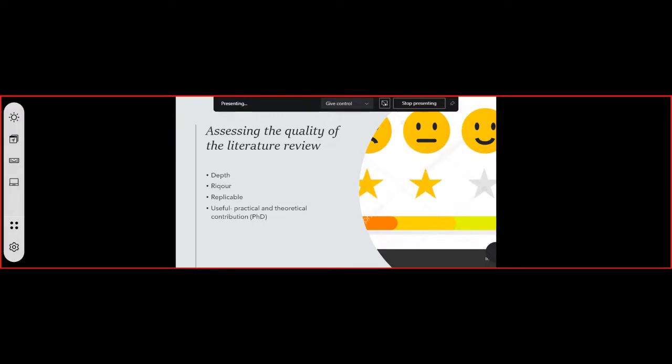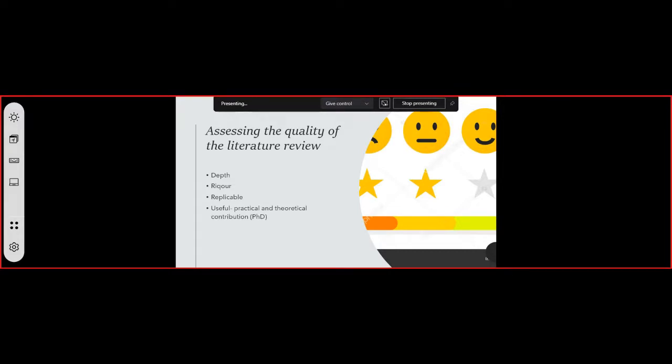Maybe I want to replicate it with a different set, or in a different field, for instance, and make references. Or maybe at a later stage you want to do a longitudinal review and check, in 5 years' time, do you have similar or different findings, or did things change in your field?